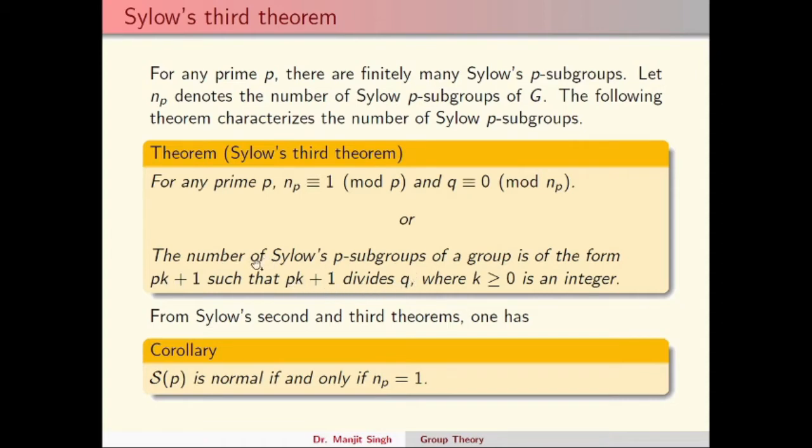From here we can determine k. If k is 0 here, then you will find there is only one Sylow P subgroup. It means that it will coincide with its normalizer and hence it is a normal subgroup.